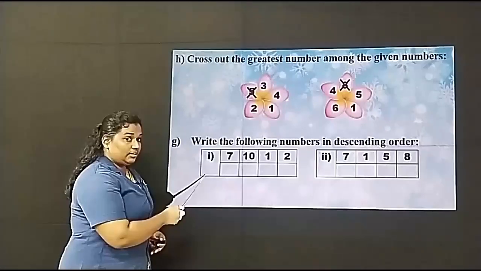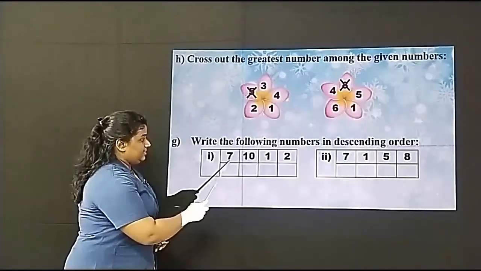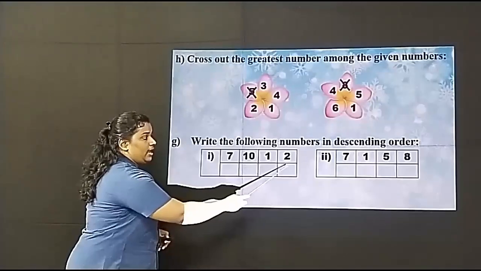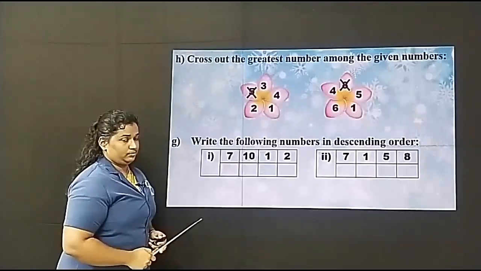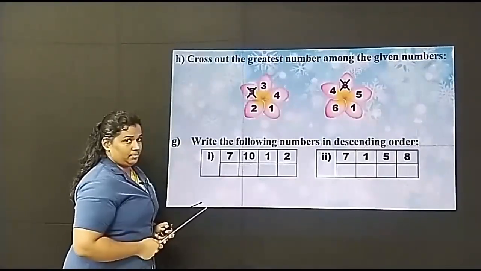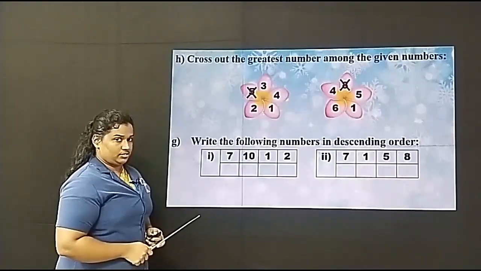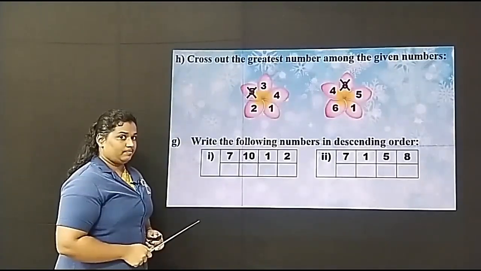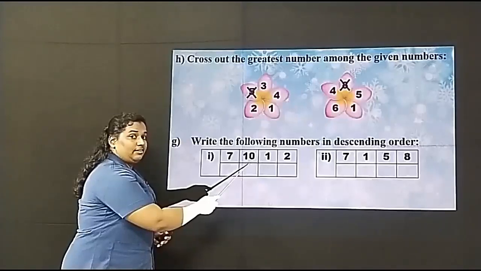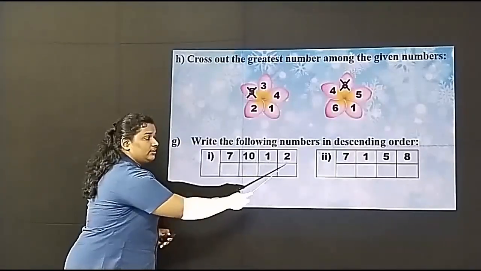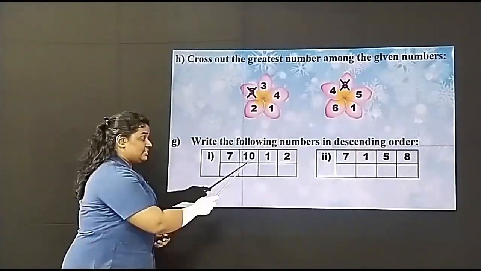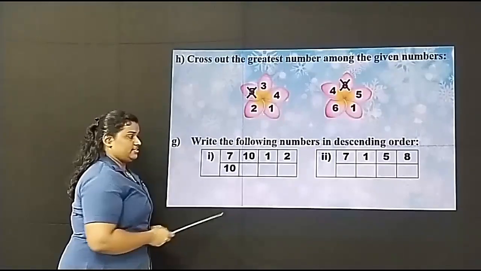First question, given numbers are 7, 10, 1 and 2. Among these numbers, which is the greater number? Yes, 10 is greater than the other three numbers. So 10 we have to write first.